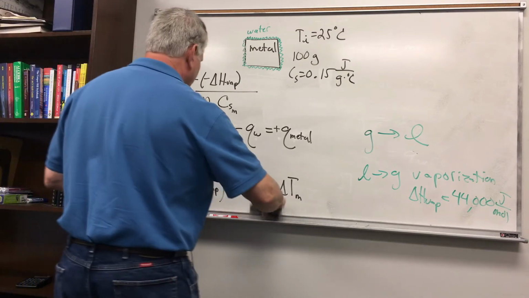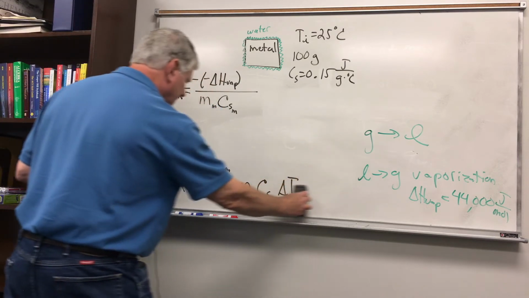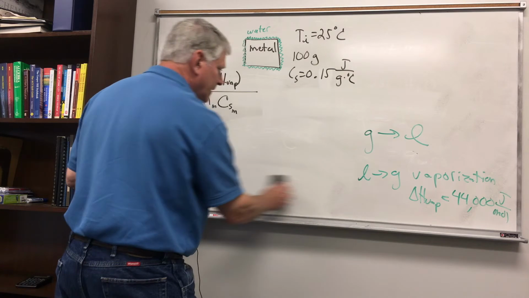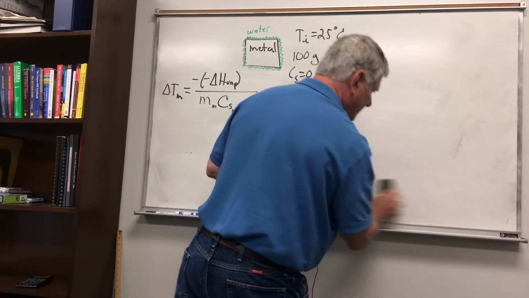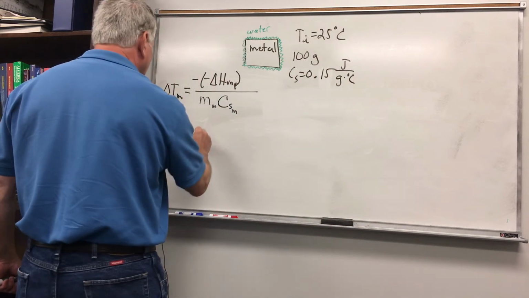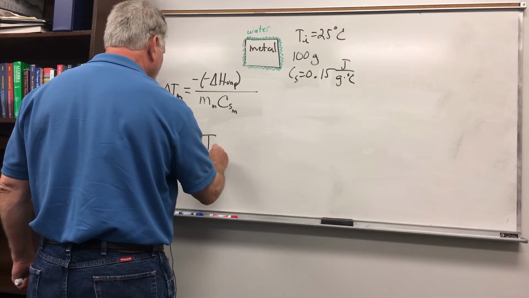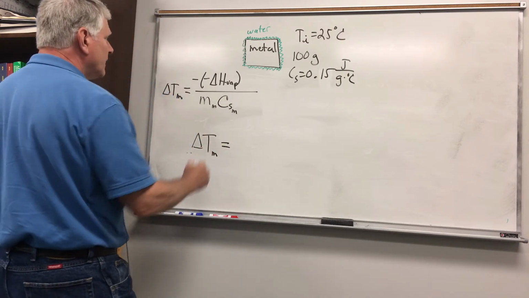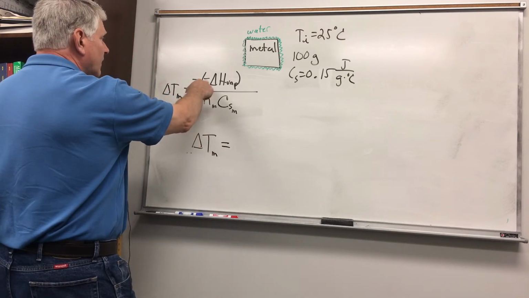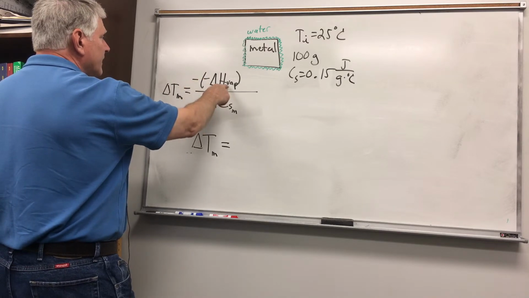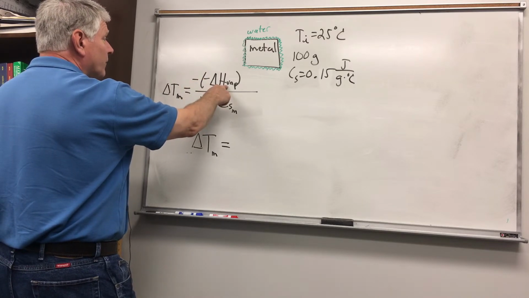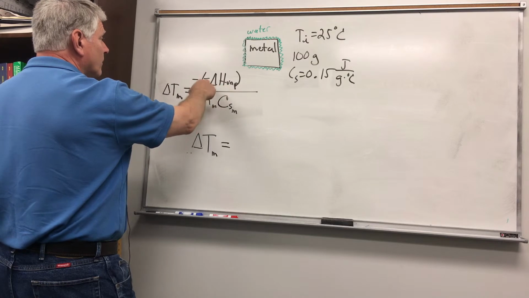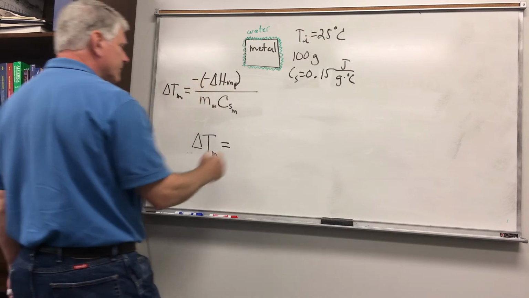Okay, so now I'll erase this so I'll have room. So delta T for the metal is equal to, so I'll have enthalpy of vaporization is 44,000 joules per mole. So I have a negative and then a negative, so that's still positive.